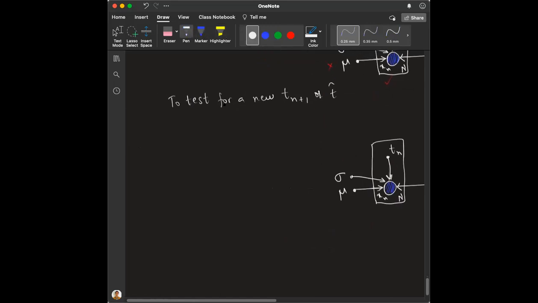You want to estimate the probability of x hat given t hat and your parameters: sigma, mu, alpha, w.